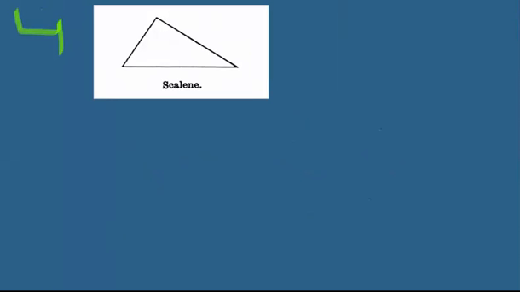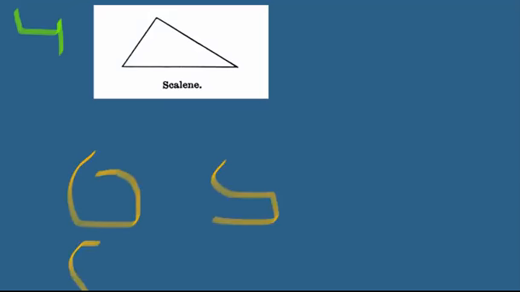Our question was, how many sides do scalene triangles have? The answer is zero, zero sides, and zero lines for identifying their length.